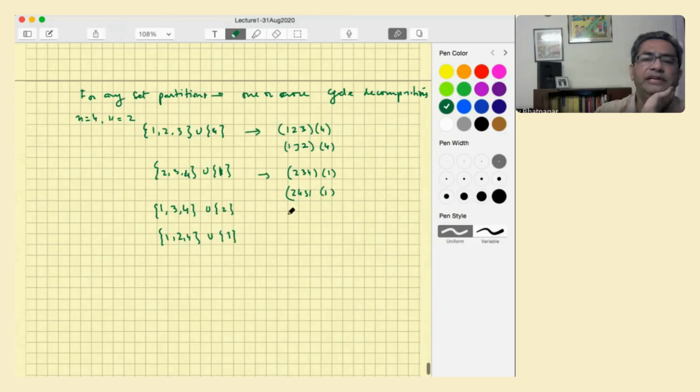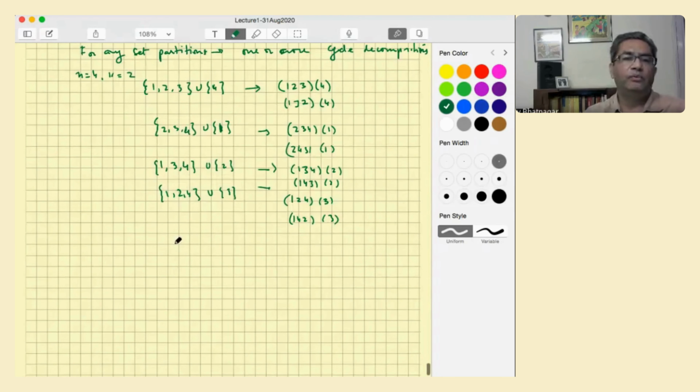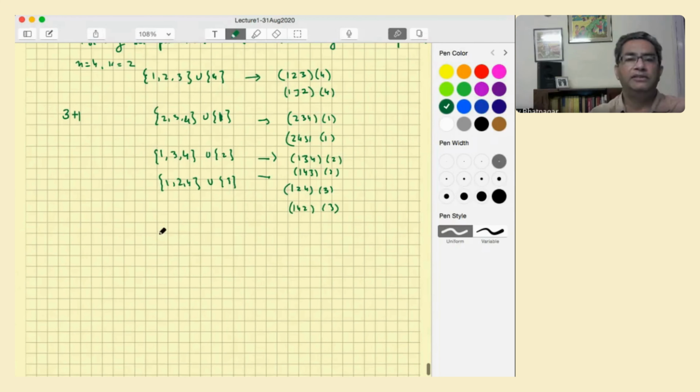So these are all set partitions and they'll all correspond to two of these. So 1, 3, 4, 2, and 1, 4, 3. And this will correspond to 1, 2, 4, 3, and 1, 4, 2, 3. So these are all the ones with 3 and 1. So these are corresponding to the 3 plus 1 partition. And then there is a 2 plus 2 partition.